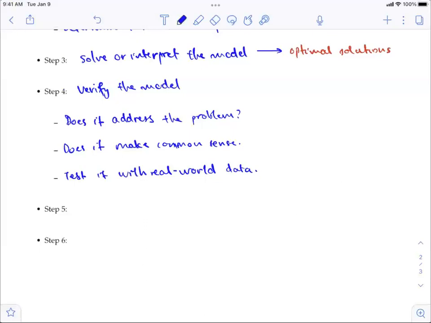But in math modeling, you may want to come up with some model such that it makes common sense, it addresses the problem that you want to answer, and it fits or matches the real world data to a certain level, right? Because you cannot perfectly match all the real world data, you're just going to approximate the real world data.